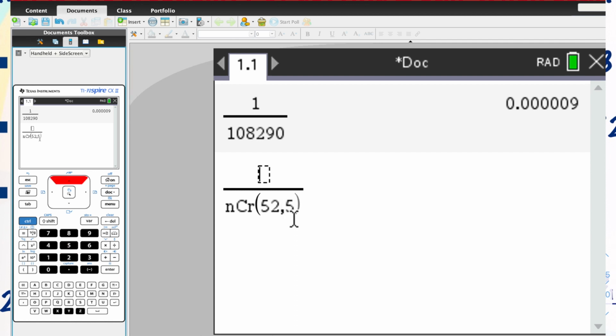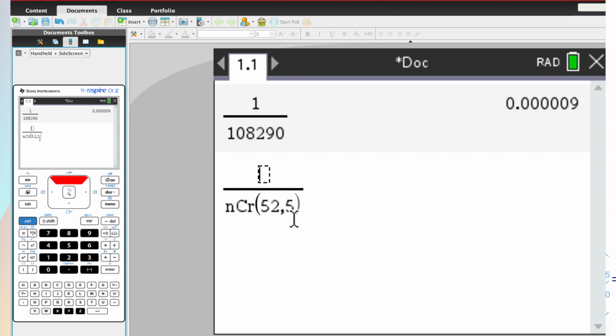Now, we want to get a pair of cards. And so what we first need to do is figure out how many different types of cards there are and choose one of them. So there's ace, 2, 3, 4, 5, 6, 7, 8, 9, 10, jack, queen, king. There are 13 different types of cards.